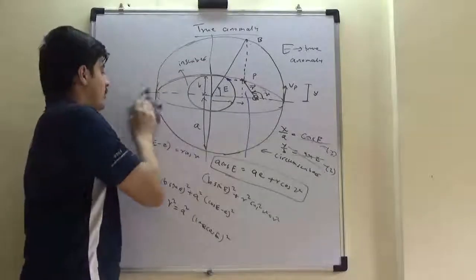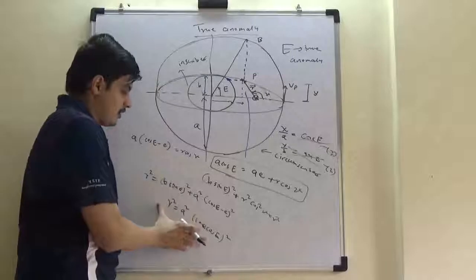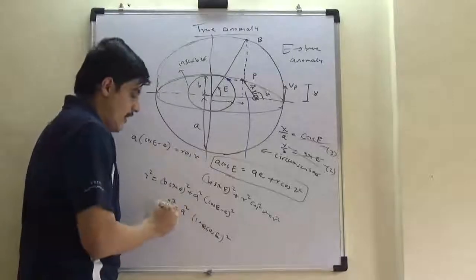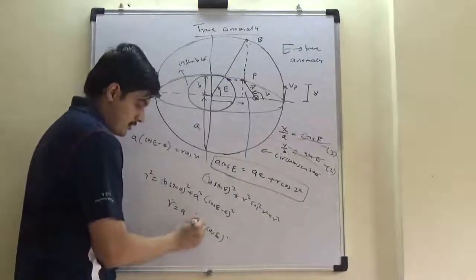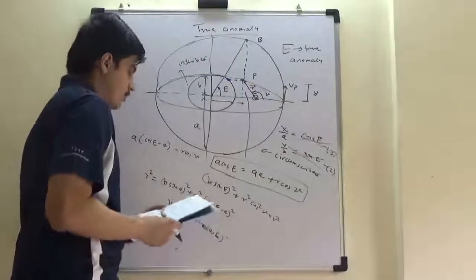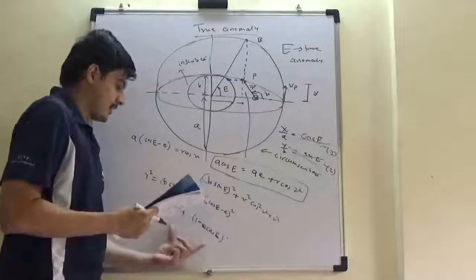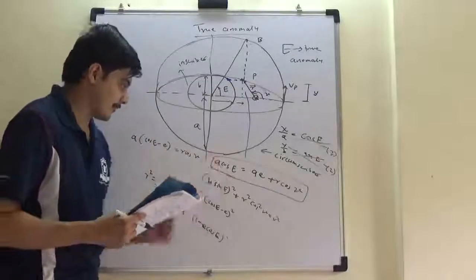So if I substitute these relations, I finally get r as a times 1 minus e cos E. If this is the case, I can substitute it here.